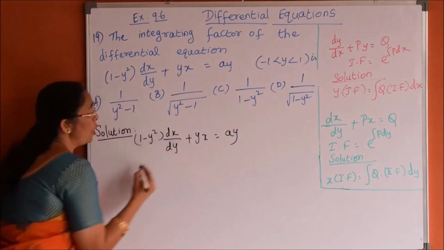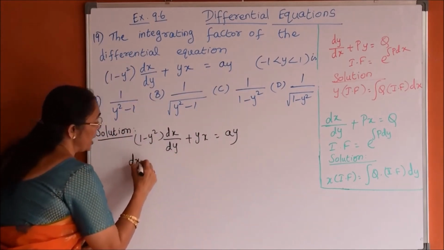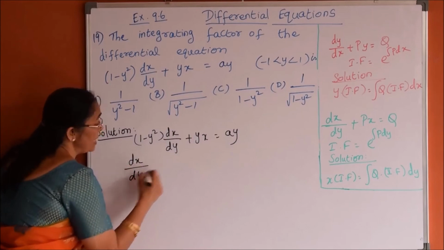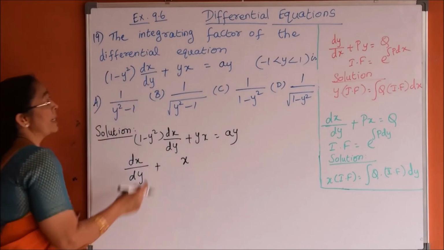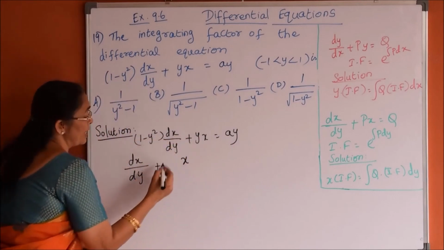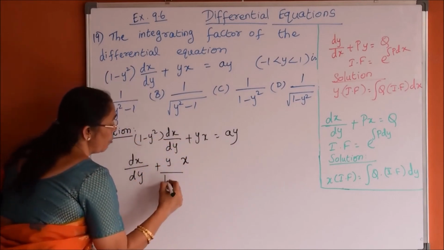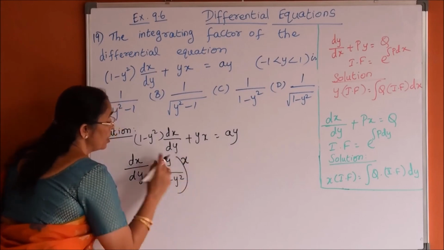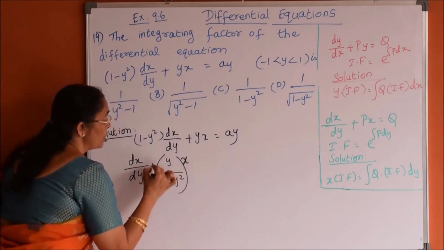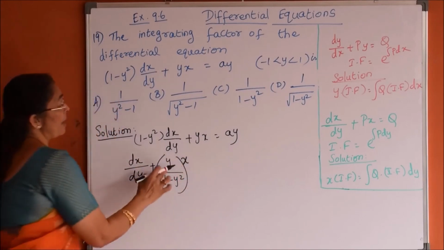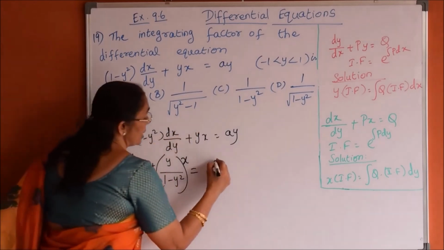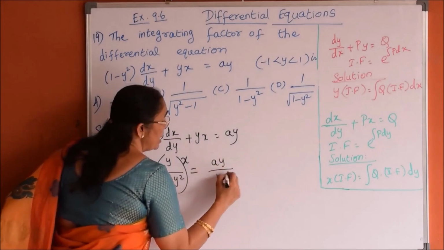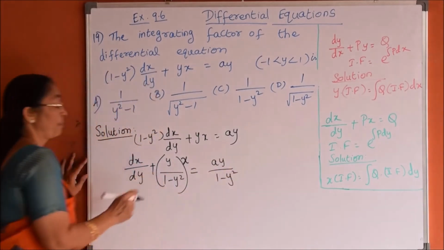So, dividing throughout by 1 minus y square, I can write this as dx by dy plus x term, and the coefficient of the x term will be y by 1 minus y square. So, this is a function of y. This is my p value. I am dividing throughout by 1 minus y square, so the right side is ay by 1 minus y square.